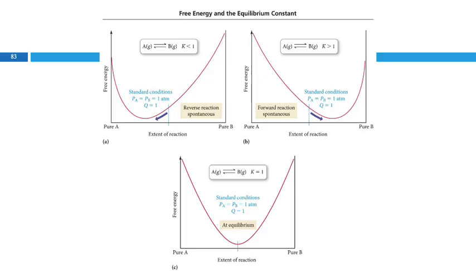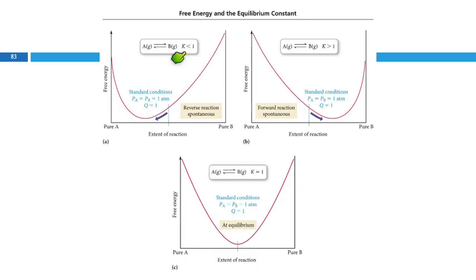So here we're looking at an equilibrium between A and B. If K is less than 1, then the reverse reaction will be spontaneous under standard conditions, right? Because under standard conditions, these are going to equal 1.